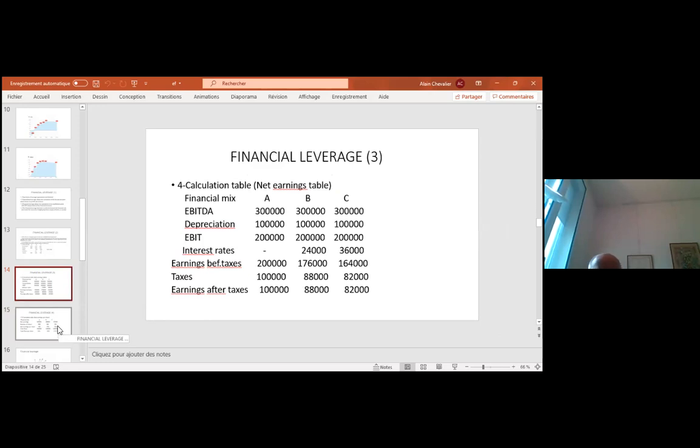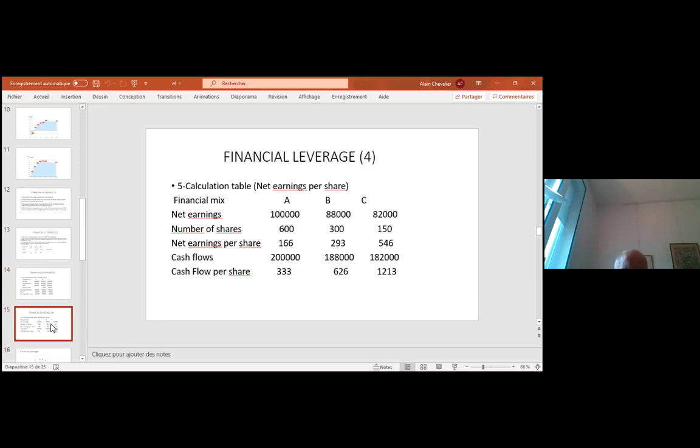So we are at the level of slide number 14 here, and I will move to slide number 15, which you will find here. Slide number 15. Well, you find another calculation table again.